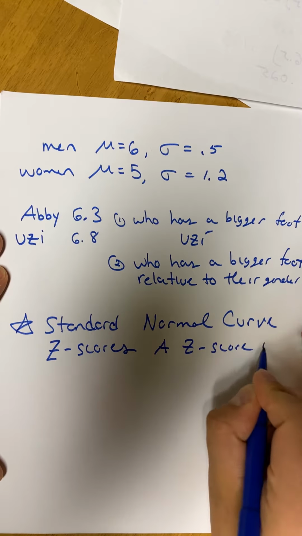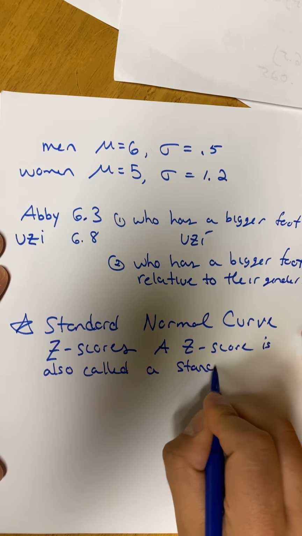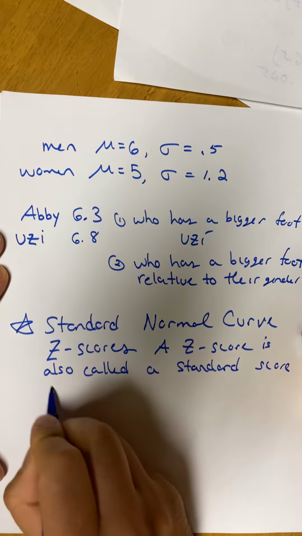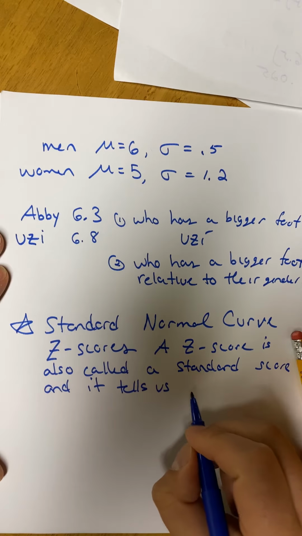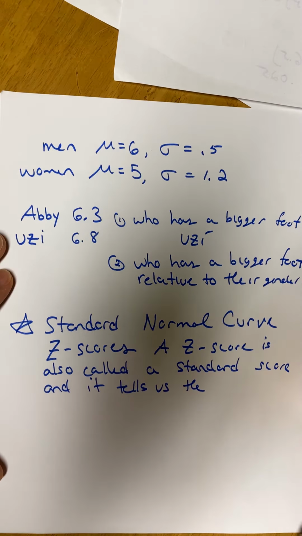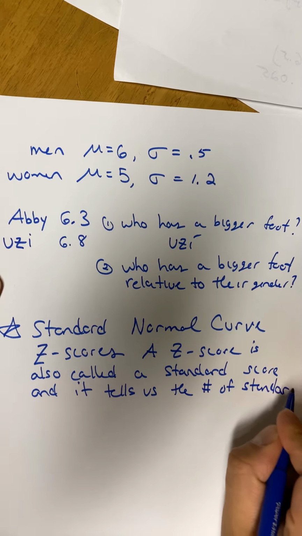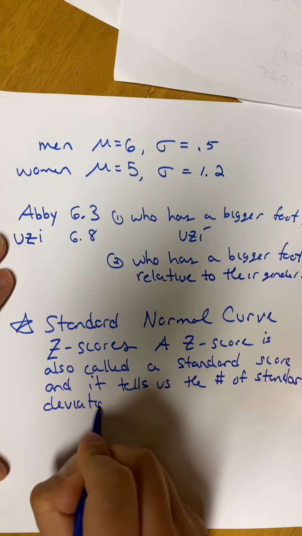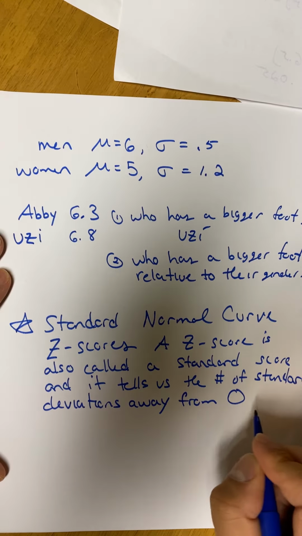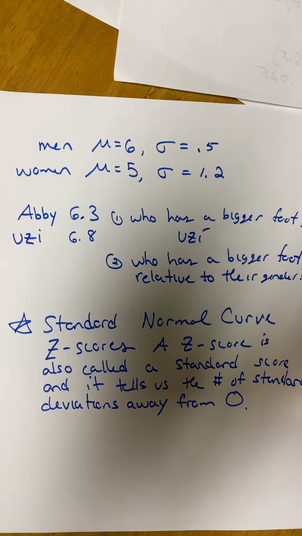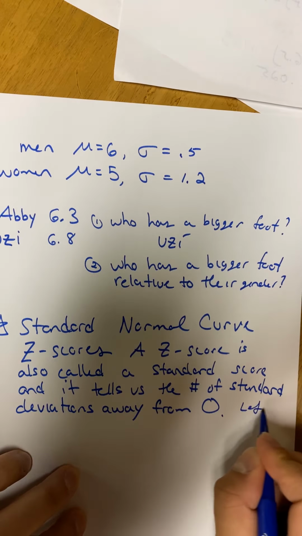A z-score is also called a standard score, and it tells us the number of standard deviations away from 0 in either direction, left or right.